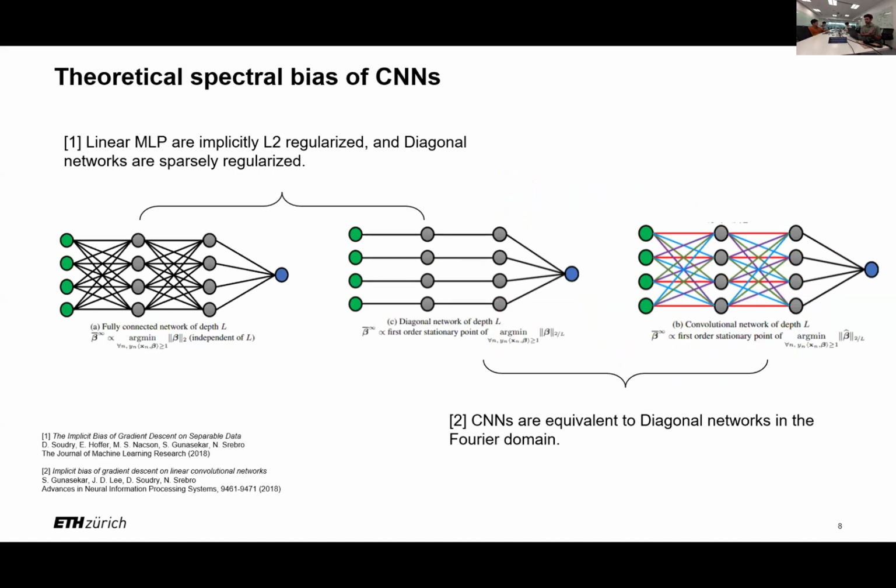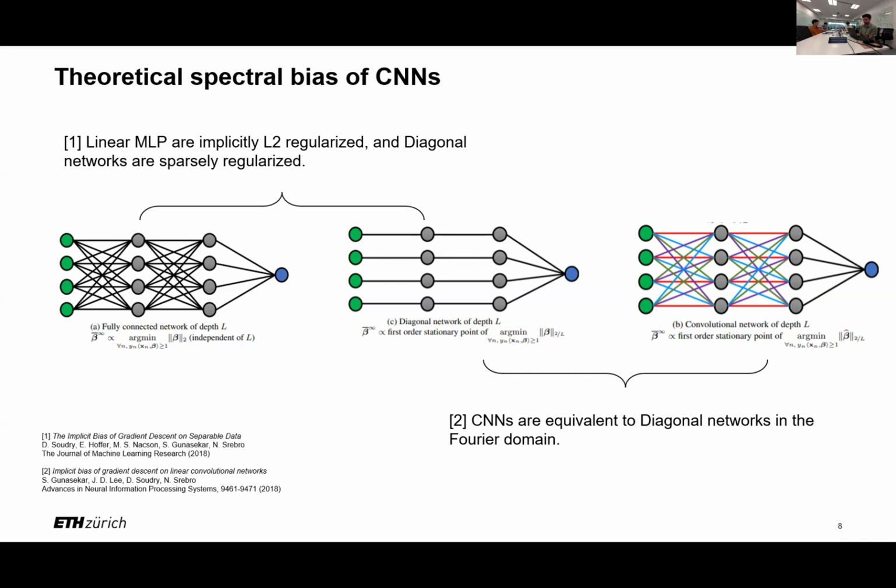Interestingly, there's a completely different field that focuses on the implicit biases in neural networks. This is a field of mathematics where they try to prove mathematically that neural networks have specific biases, essentially an implicit regularization of their weights. And there's a paper that demonstrated that CNNs actually behave like diagonal networks in the Fourier domain.